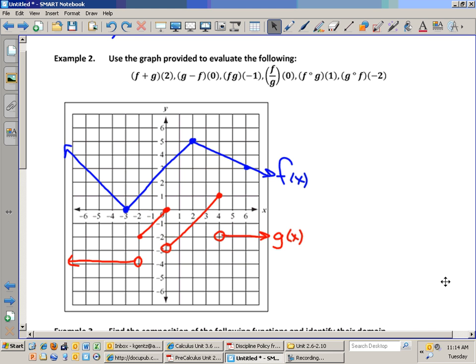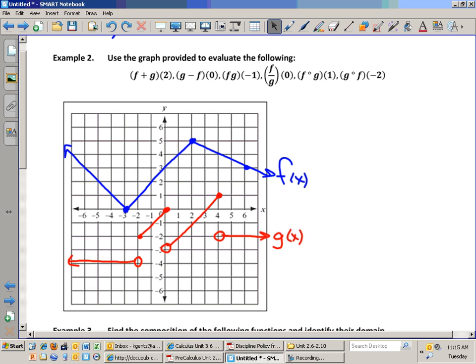So this is kind of from yesterday. Let's go f plus g of 2. If you want to do that, all you have to do is f of 2 plus g of 2. I got a graph here.